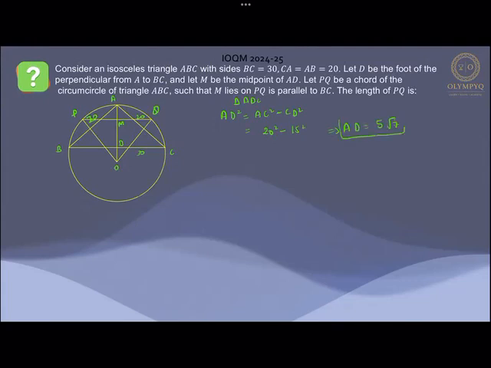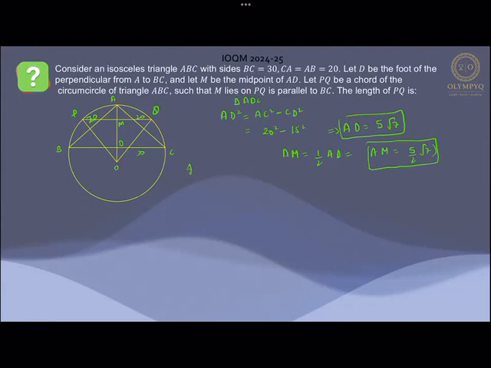So once we got the value of AD, as we know that AM is half of AD, I can get the value of AM. So AM from here will come out to be equal to 5 by 2 root 7. Now these are the two things we got.